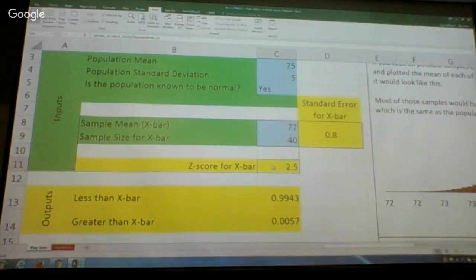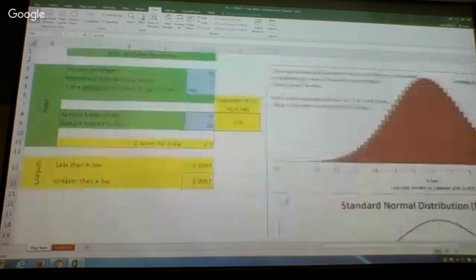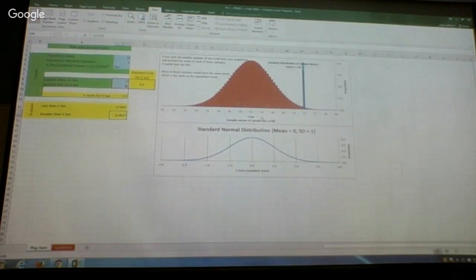I would expect the answer to number 32 should be somewhere around 0.0057, because greater than 77 is what we're after in number 32. You guys on board? This is a little tool you can use. If you want to unpack it, you can spend a little more time, but it shows you your inputs here. Greater than 77 would be 0.0057, and that's what your picture should look like.